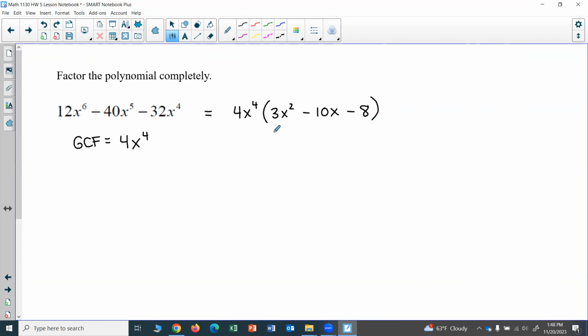Now I have a quadratic that's in the form ax squared plus bx plus c, where a is not equal to 1. So I want to use the AC method.